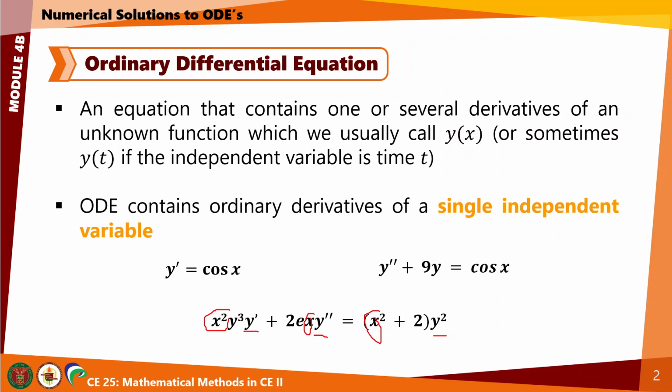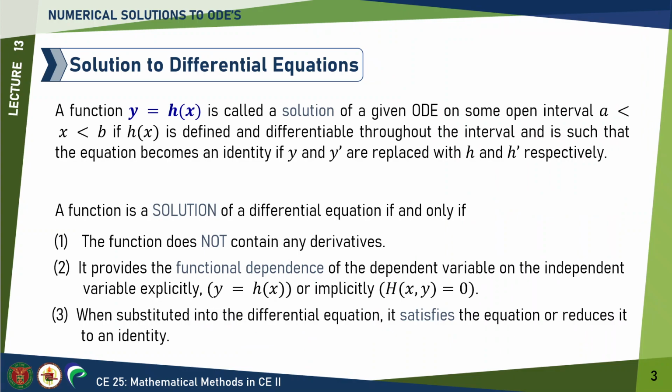And from CE24, we are solving these differential equations. What do we get as the solution to a differential equation? This is what needs to be satisfied. The solution to a differential equation is a function. This function should not contain any derivative, and your dependent variable has a functional dependence on the independent variable.